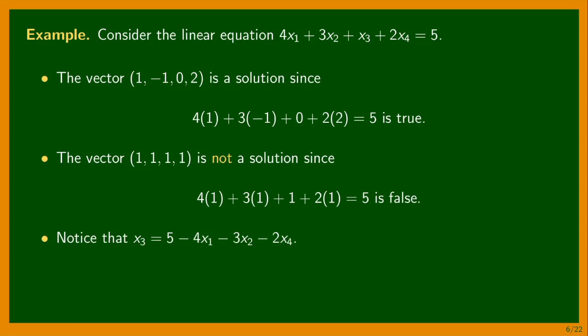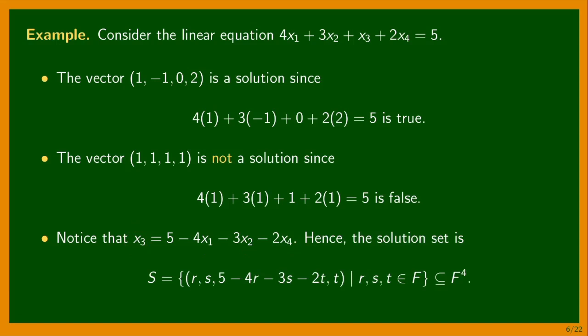Notice that if you look at this equation, you may solve x sub 3 by isolating it on the left hand side and putting these terms on the right hand side as shown. This means to say that the value of x sub 3 is dependent on the value of x sub 1, x sub 2, and x sub 4.